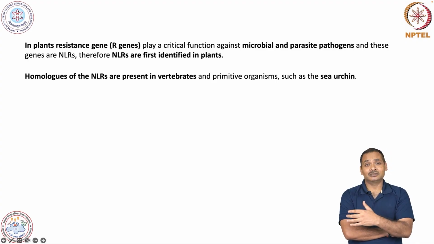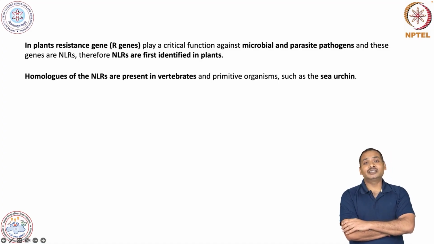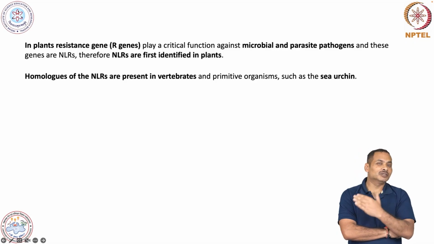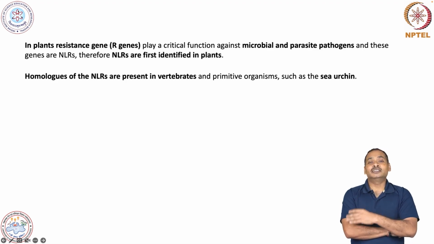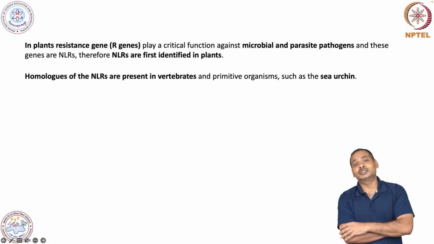It is present in most plants, it is present in vertebrates, and it is present in phylogenetically primitive organisms such as sea urchin and zebrafish. In these animals about 203 members are present.